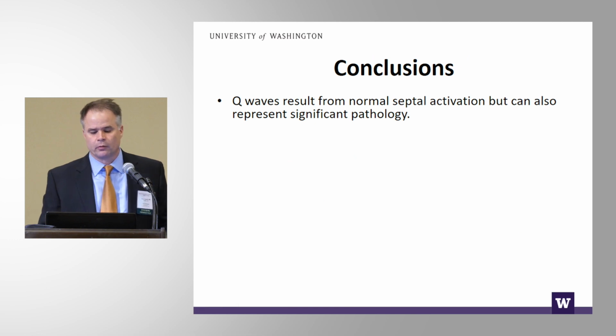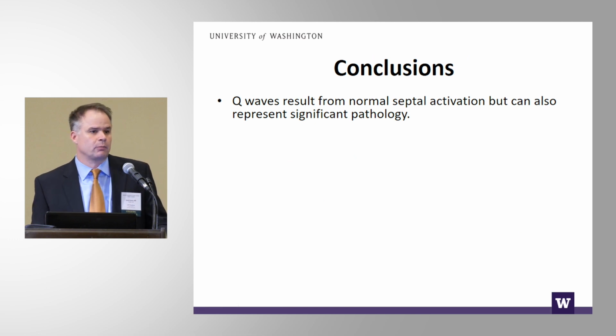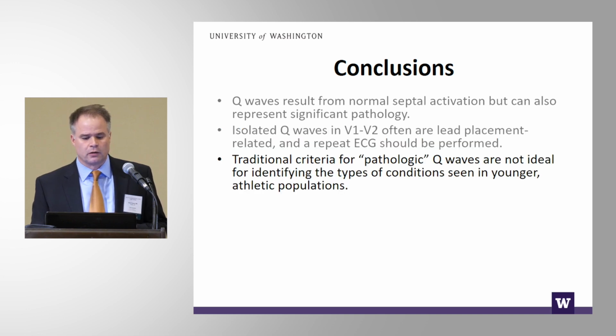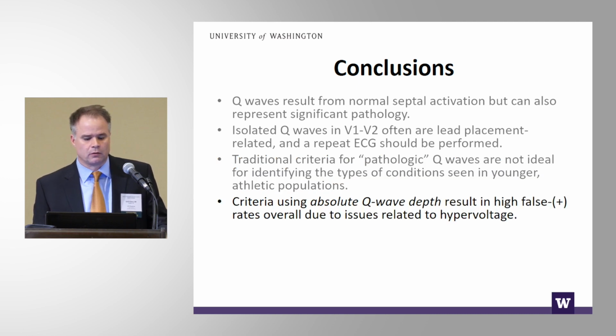So Q waves result from normal septal activation, but can also represent significant pathology. The isolated Q waves in V1 and V2 often are lead placement related, and a repeat ECG should be performed before launching into additional testing. Traditional criteria for pathologic Q waves are not ideal for identifying the types of conditions seen in younger athletic populations, and criteria using these absolute Q wave depths result in a high false positive rate.